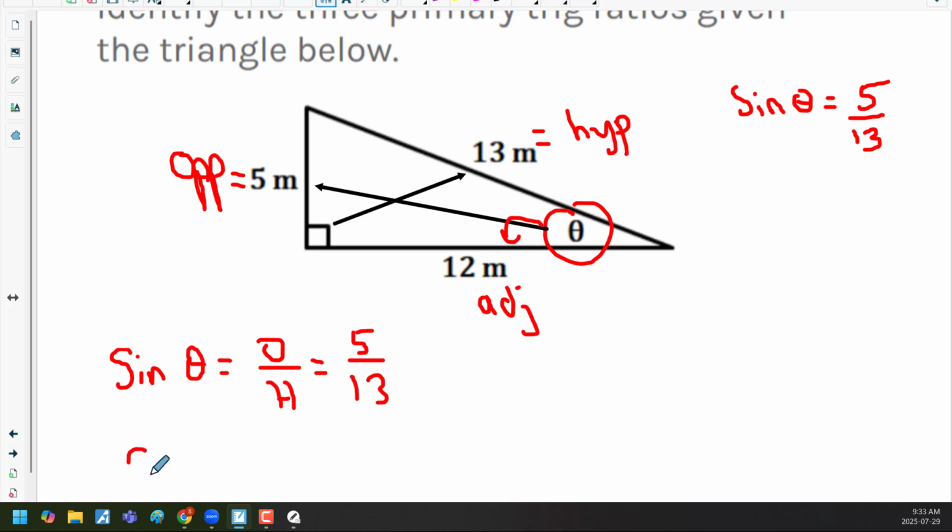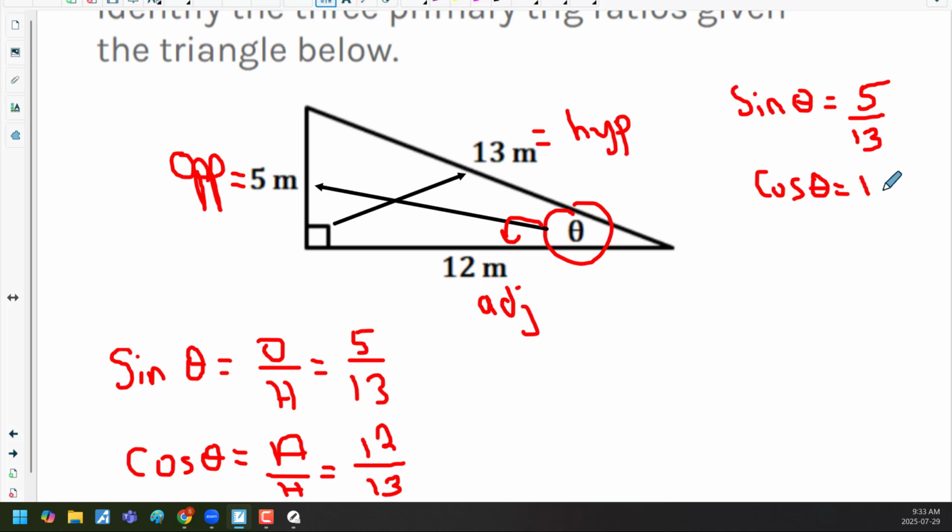All right, so cos theta, if we go back to the formula, it's adjacent over hypotenuse. And we know adjacent in this case is 12, and hypotenuse is 13. So cos theta is equal to 12 over 13.